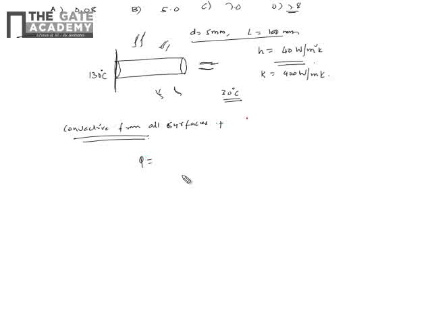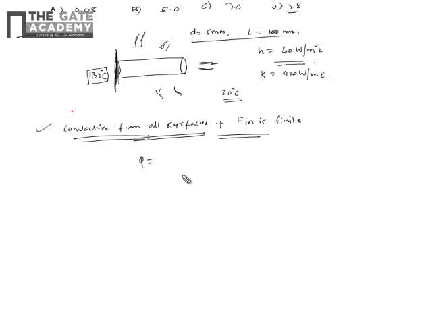When I say all the surfaces, I'm not considering the end where the temperature is specified. The base temperature is always specified. I'm just talking about the lateral surfaces and the other end surface. So this is the case which I consider.